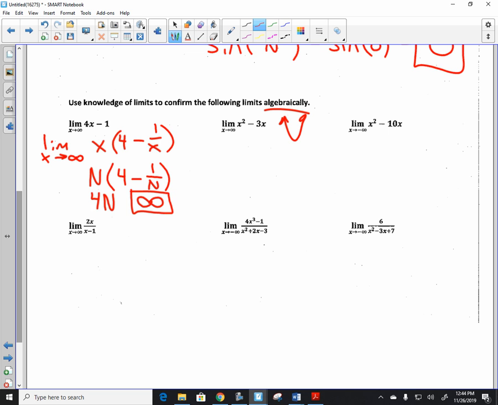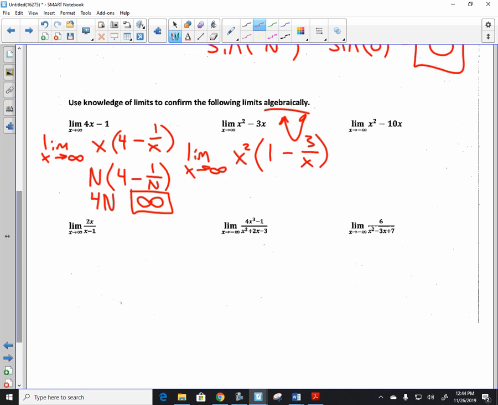Let's confirm that. Limit as x goes to infinity, what do I factor out? X squared. Factor out the largest power. What are you left with? 1 minus 3 over x.